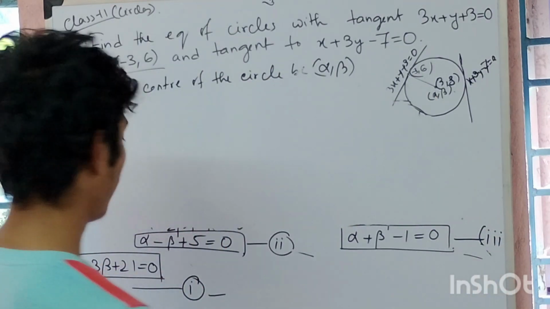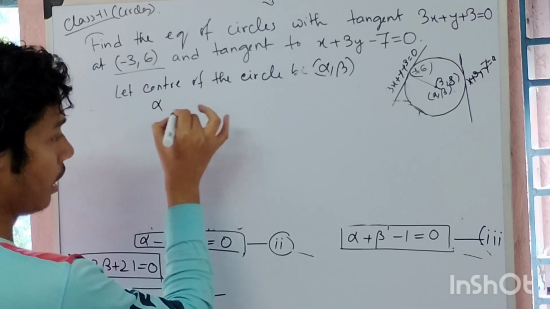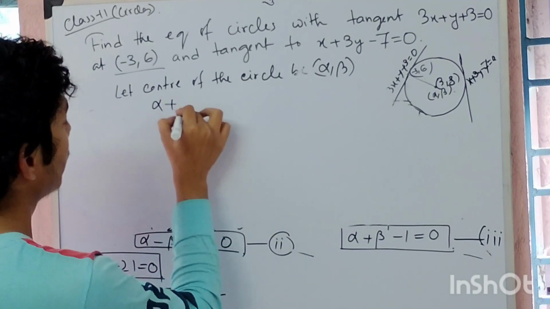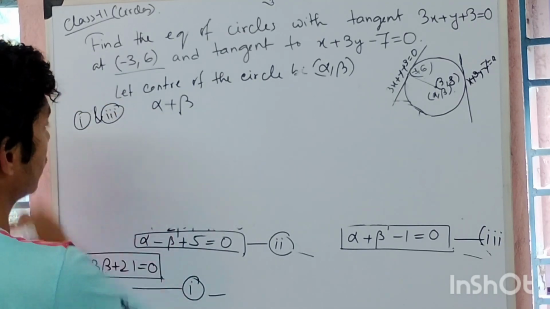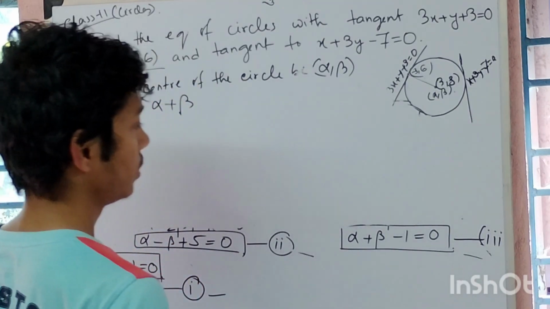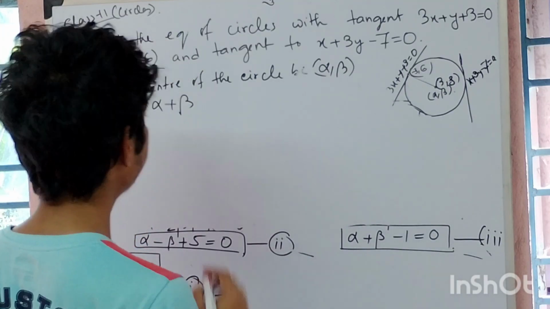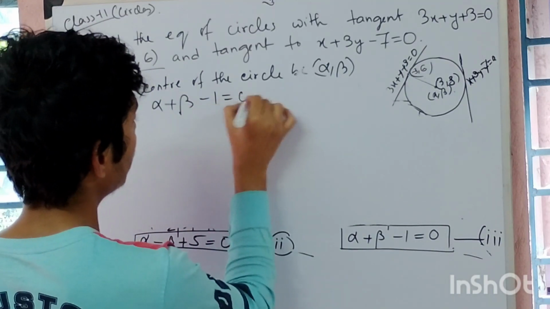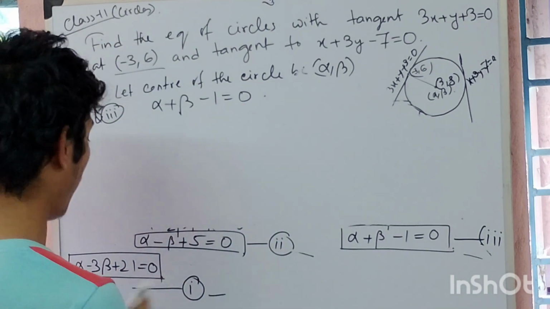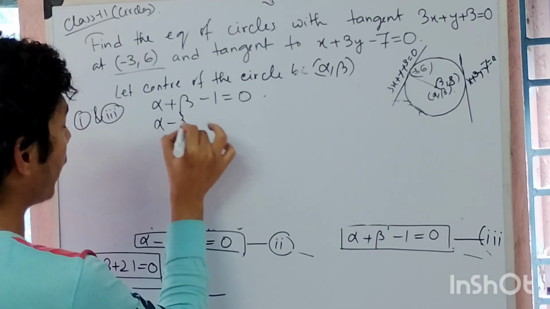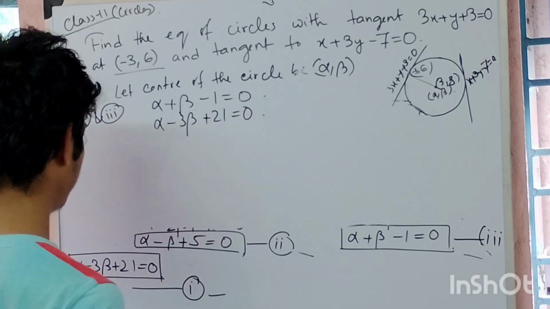Now again from this one I will get alpha. From equation 1 and equation 3: alpha plus beta minus 1 equals 0, and my equation 1 is alpha minus 3 beta plus 21 equals 0.